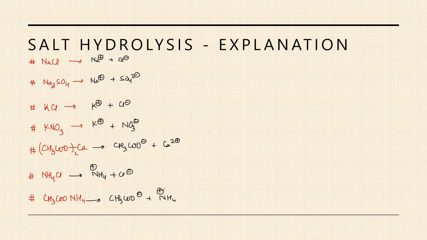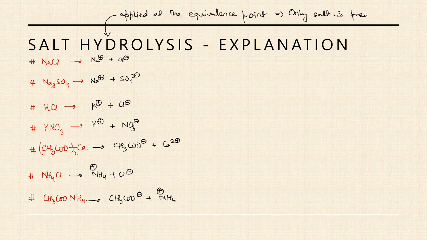You have to understand कि ये जो salts हमें मिल रहे हैं, ये salts एक न्यूट्रलाइजेशन रिएक्शन के एंड पे मिलते हैं. हमेशा याद रखो, salt hydrolysis is applied at the equivalence point. Okay, मतलब only salt is present.